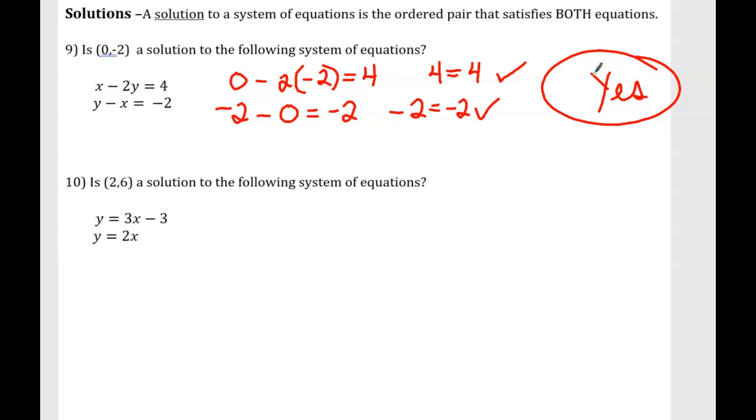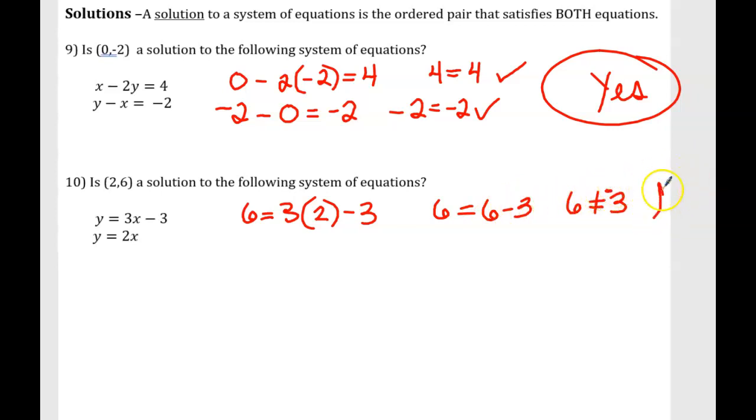Number 10 is, is (2, 6) a solution to the following system of equations? When I plug it in, again, my y is 6 minus 6 is equal to 3 times my x, which is 2, minus 3. Well, 6, and then I've got 6 minus 3. So 6 does not equal 3. So this is a no. Does not equal it because it doesn't work out.